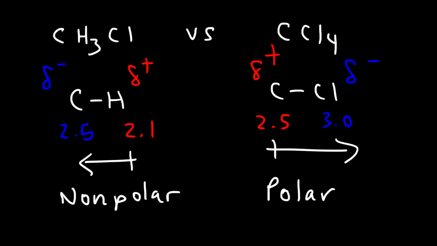And so the carbon-chlorine bond is going to have a much larger dipole moment than the carbon-hydrogen bond. The dipole moment is the product of the charge and the separation distance, or the distance between the opposite charges. So charge and the size of the atoms matter. For bigger atoms, the dipole moment will increase. Keep that in mind.